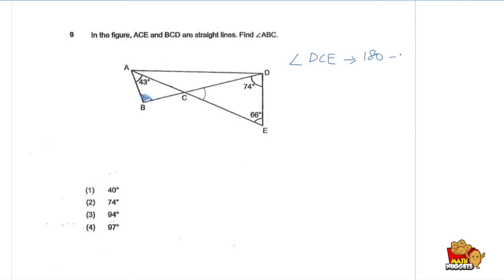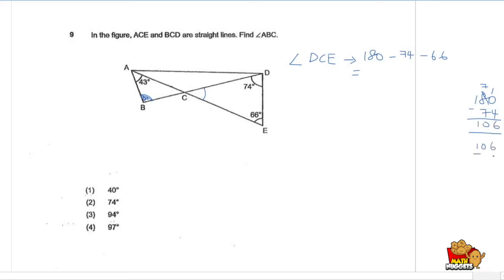So I take 180 minus 74 minus 66. 180 minus 74 is 106. So 106 minus 66, I get 40. So angle DCE here is 40.